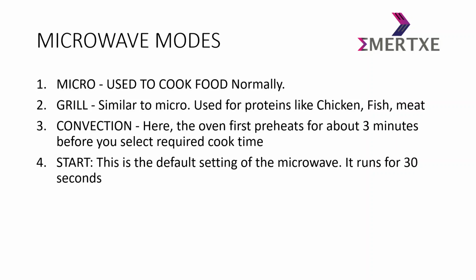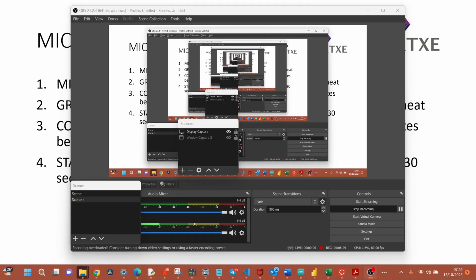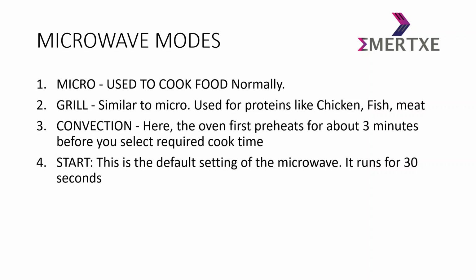Then the convection mode, where the oven first preheats for a few minutes, in this case 3 minutes, before you select how long you want it to heat for. The fourth option on the menu is start, the default setting for the microwave, which runs for just 30 seconds.